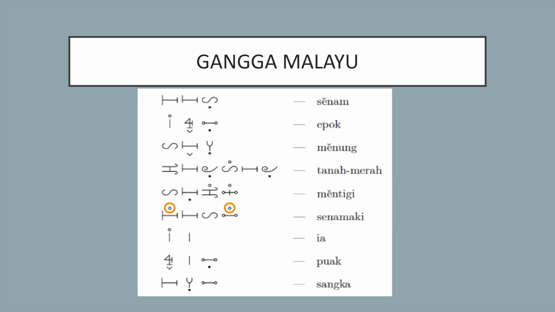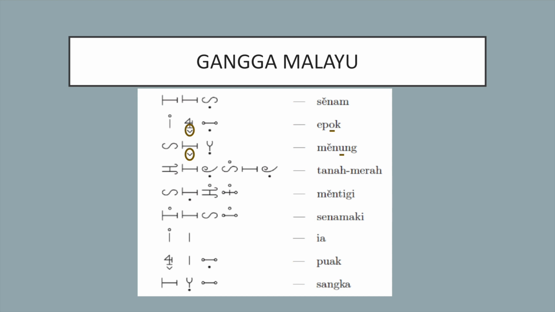And if you look through the other words, you'll find that that's fairly common. Then there's this one, the little chevron underneath. In the first case, that's epoch, and it's representing an O sound, but in the second word it's menung, and it's representing an U sound. Again, if you look through the rest, you'll find that that works.